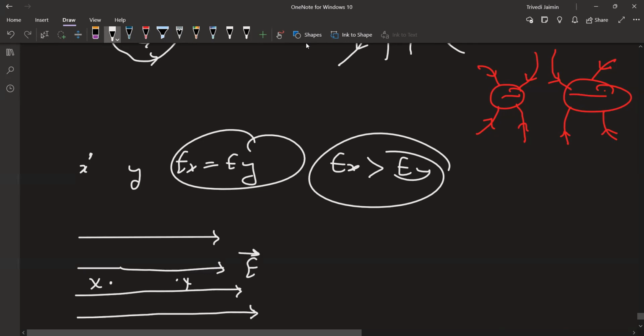Now, where will the electric field be higher, at X or at Y? In this case, both will be the same because they are parallel. We know that the closer the field lines, the higher the strength will be.